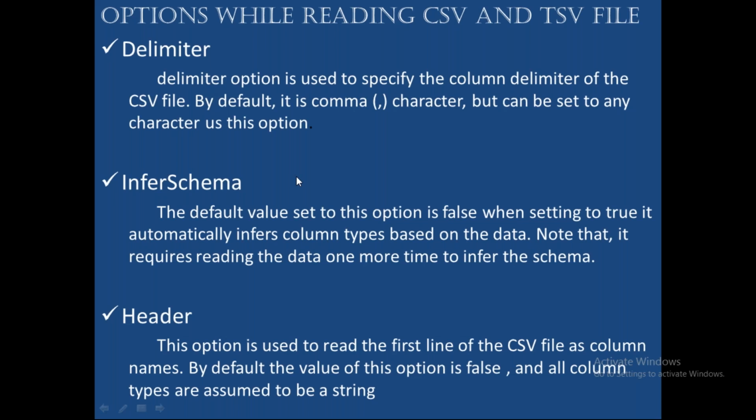False means when you read a file without mentioning header equal to true, your headers are going to be _c0, _c1, _c2, and so on. If the file really has headers but I'm not mentioning header equal to true, then my headers will appear inside the data. We saw that yesterday, but along with that, we will see TSV files and pipe delimited CSV files today as well.